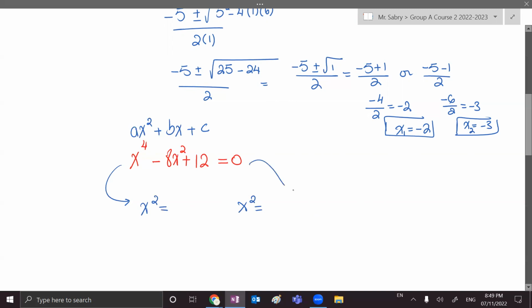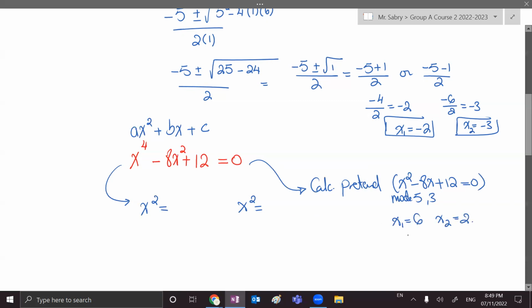What does that mean? I'll take this to the calculator and pretend it's x power 2 minus 8x plus 12 equals 0, do mode 5-3 as usual, and get the x values, which will give me 6 and 2. Now the idea is that these are not really x values, those are actually x power 2 values. So one x power 2 is 6 and the other x power 2 is 2. Does this make sense or not?